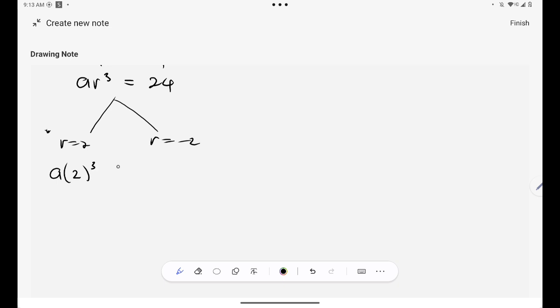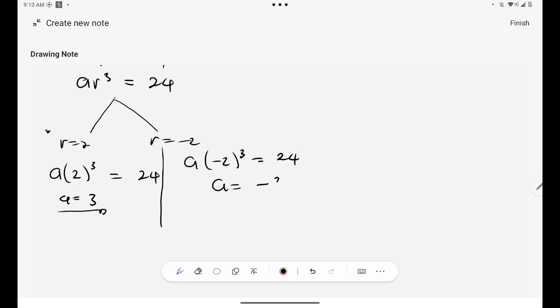Just put 2 there, a will be equal to 24 over 2 cubed, which gives us a positive 3. Then whenever we put a negative 2, a will be equal to negative 3.